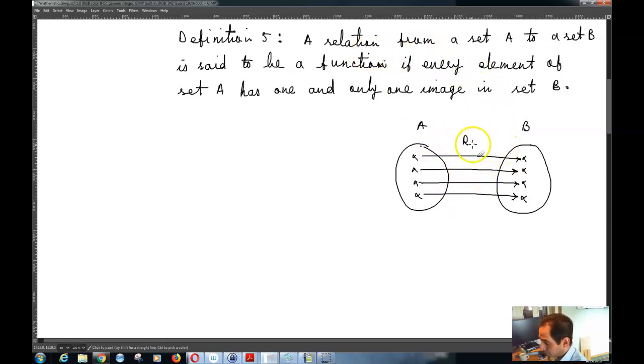Now, you can call this, for example, A1, A2, A3, and A4, and you can call this B1, B2, B3, and B4.